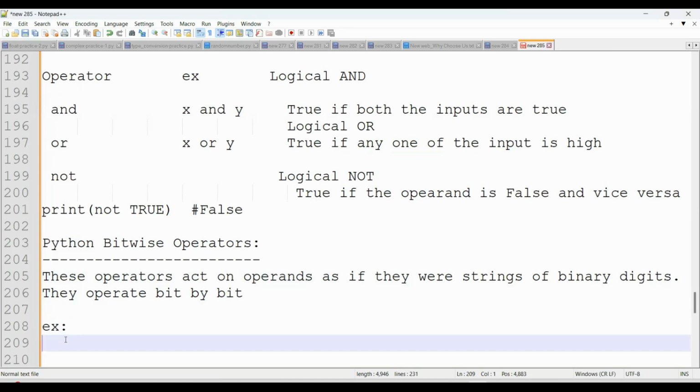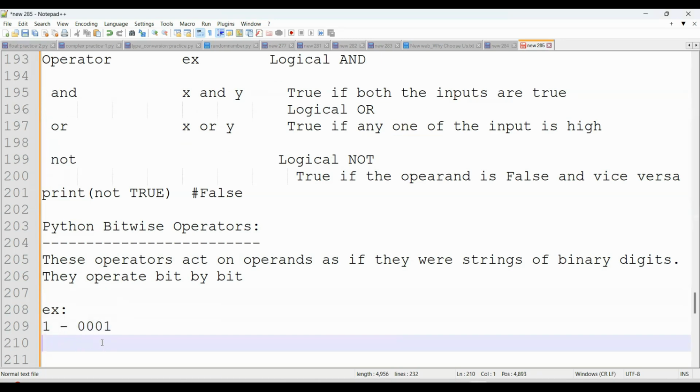Let us say one number is there, 0, or else we'll take 1. If you want to write this number in binary, we have to write, let us say, a 4-digit number in binary. It is equivalent to 0, 0, 0, 1 like this.